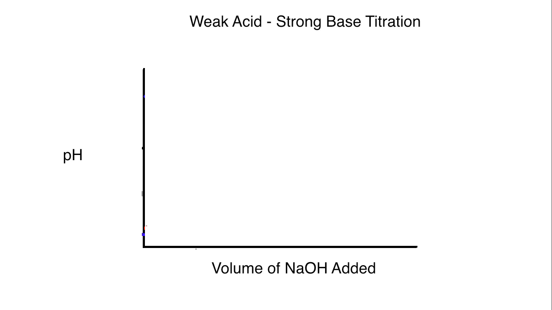Alright, so for this final example, we're going to take a look at a weak acid and a strong base titration. So I've changed the x-axis again to volume of sodium hydroxide as our strong base. And what we can do is start off at a pH, and the pH is probably going to be, if it's a weak acid, somewhere more in the realm of 3 to 4.